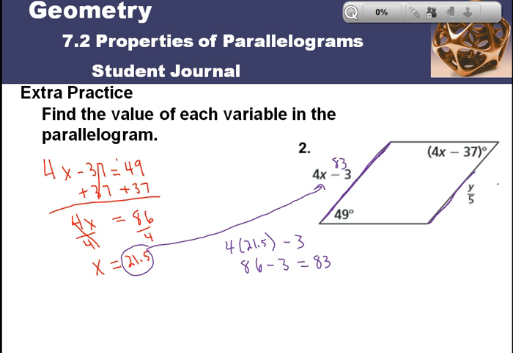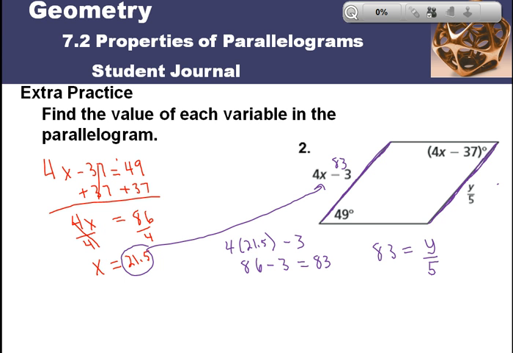So these two sides right here are equal to one another. So I know that 83 is equal to y over 5 because opposite sides are, again, equal to one another. So I can write that down. 83 is equal to y over 5.